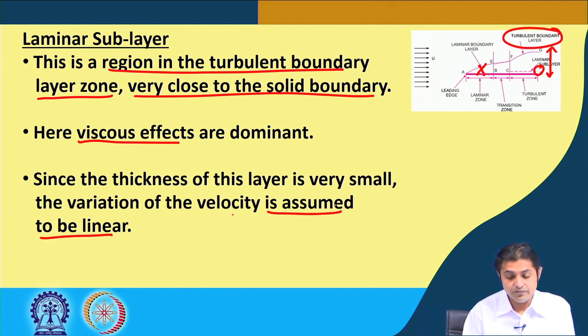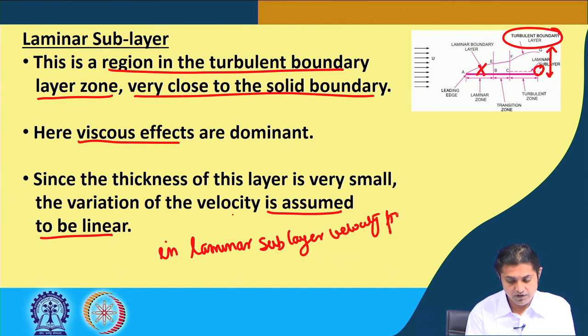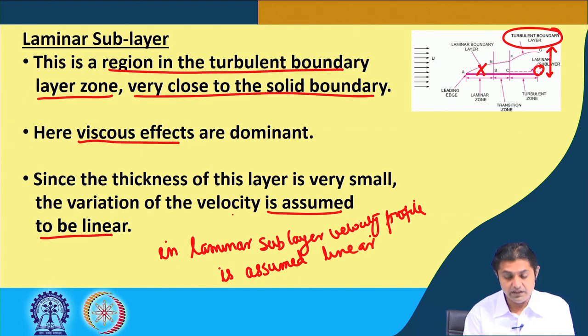Okay. So, in laminar sublayer, velocity profile is assumed linear.